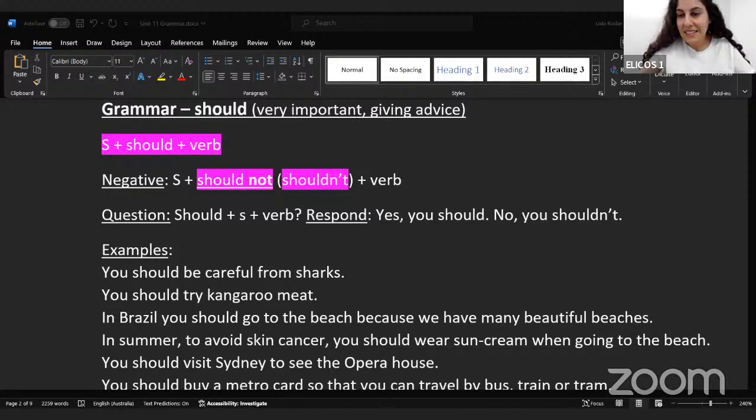Juanita says her country, Colombia. So the city, Cali, the weather is hot. It's going to be around 25 to 32 degrees. So you should wear sunscreen. The famous city to see is Cristo Rey.